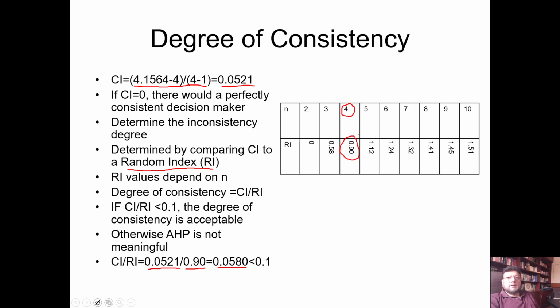If so, you can say that your degree of consistency is okay, and you can go ahead and use this AHP calculation. However, if this is more than 0.1, then there is an inconsistency, and you should not use this performance factor in your calculations. In this case, we can see that 0.05 is clearly less than 0.1. So we're happy with this pairwise comparison, and we can go ahead and use this preference factor.